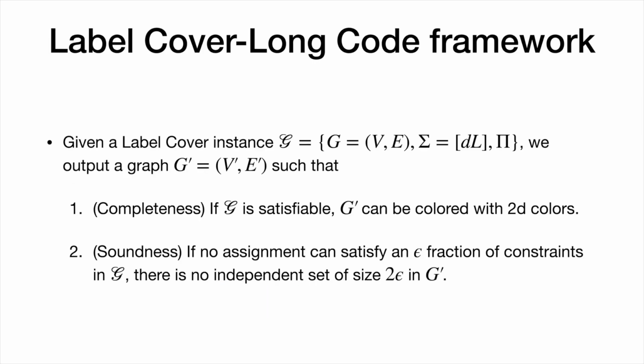So the reduction is the standard label cover long code type reduction, where we replace each node of the label cover instance with a bunch of nodes of the graph. The goal of the reduction is to output a graph so that if the label cover is satisfiable, the graph can be colored with 2D colors, and if the label cover is not satisfiable or far from satisfiable, then this graph doesn't have a large independent set.